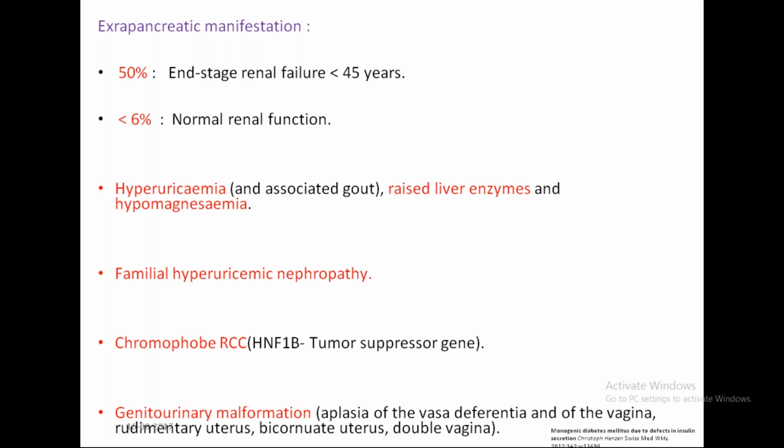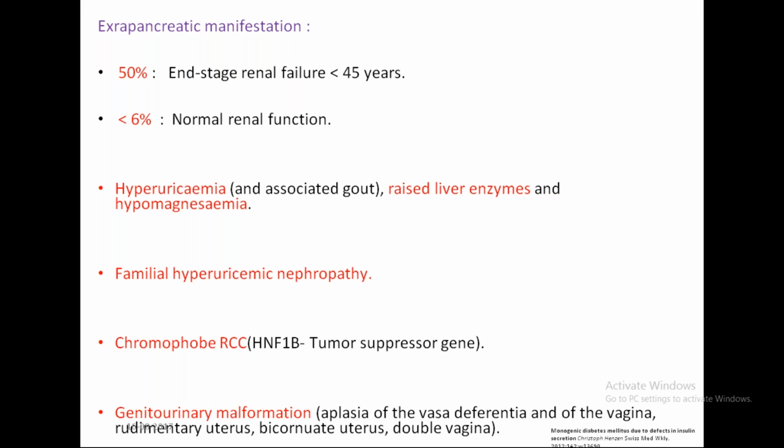Extrapancreatic manifestations: 50% have end-stage renal failure at less than 45 years, and less than 6% can have normal renal function. Hyperuricemia can occur, which is associated with gout, and there are raised liver enzymes and hypomagnesemia. Familial hyperuricemic nephropathy can occur. Chromophobe RCC can occur, and the HNF1 beta tumor suppressor gene is identified.